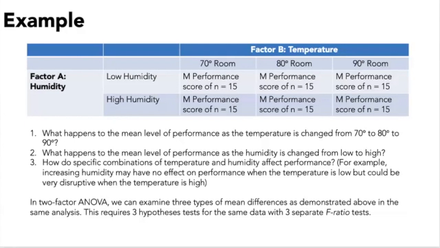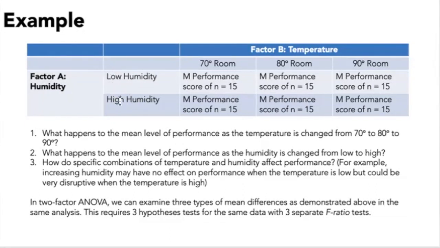One could say humidity has something to do with performance. Another person could say temperature could have something to do with performance. So if you have your study where you have specified humidity has something to do with performance, here you have two groups, low humidity and high humidity.